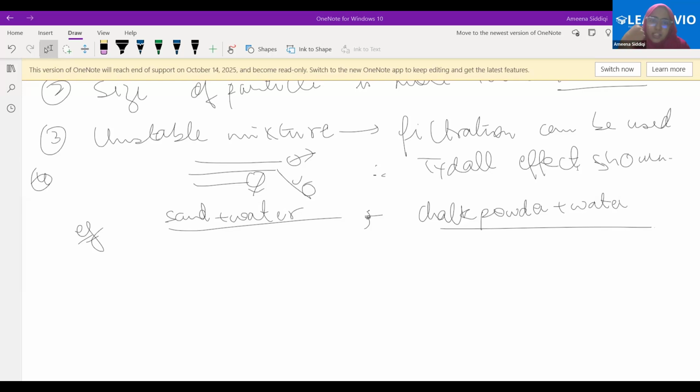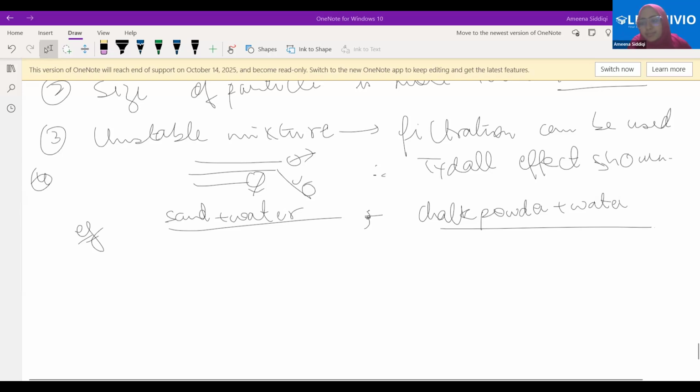In heterogeneous, suspension or colloid? Suspension. See, we are able to clearly see the particles of the atta and pani separately. The flour and the water particles are clearly seen to us. Are you getting it? Therefore, it's a suspension.